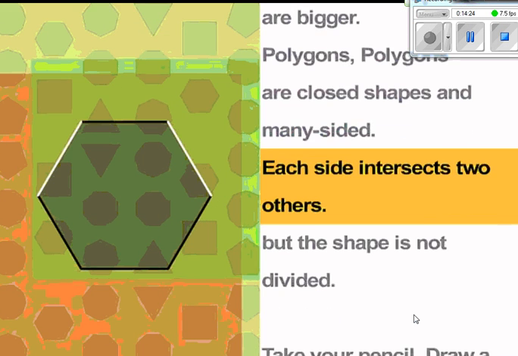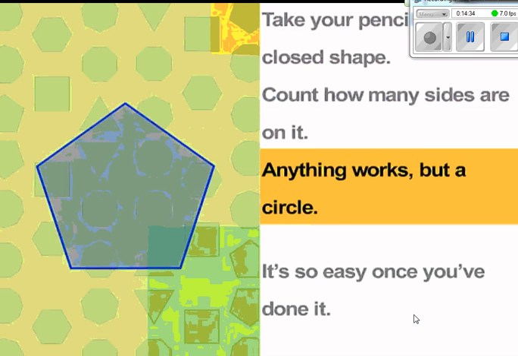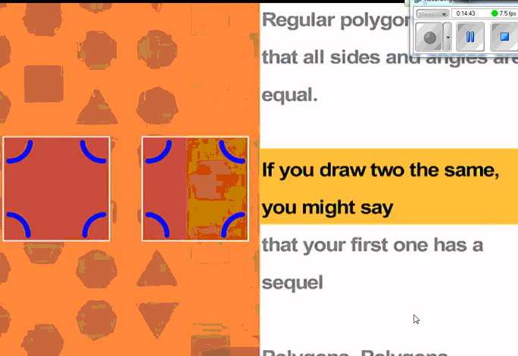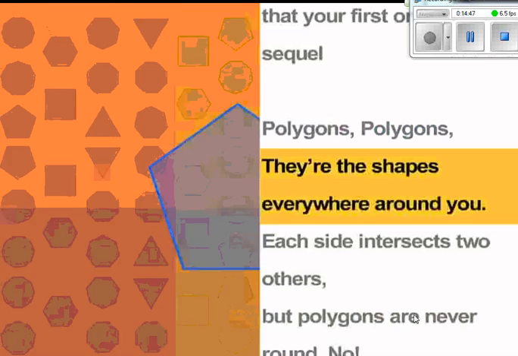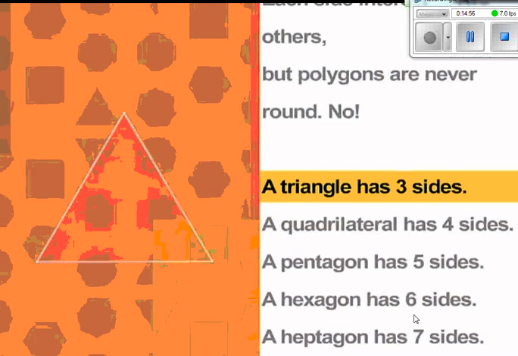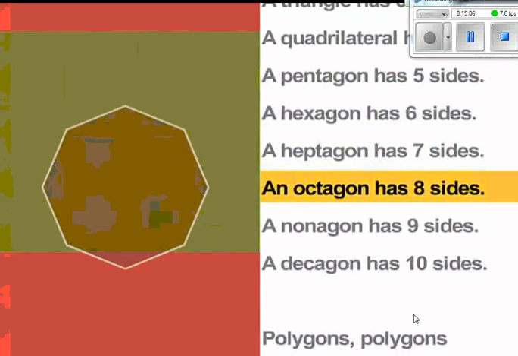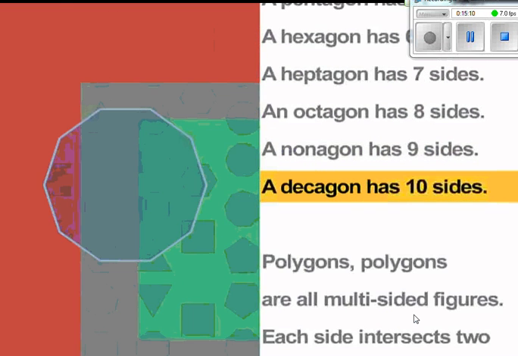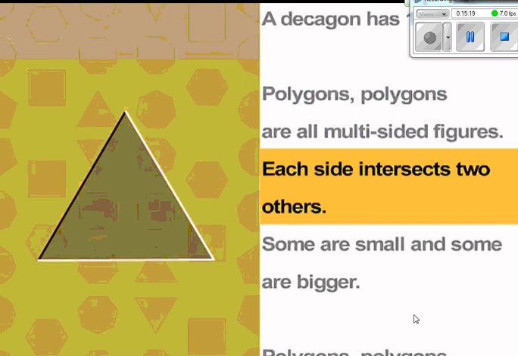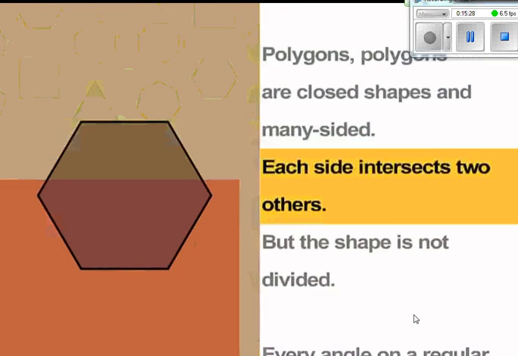Each side is a two-point line, but the shape is not defined.